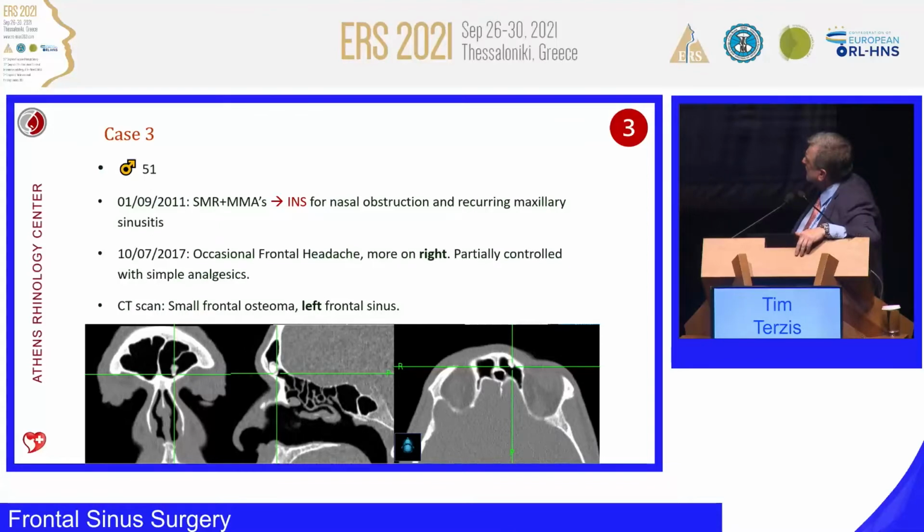We did the CT scan, and we saw this little osteoma here, which was quite small, as you see, originating from the posterior wall and just touching the anterior wall.